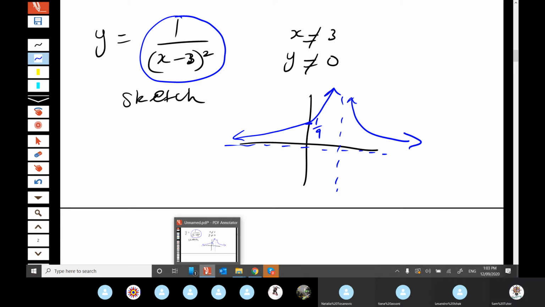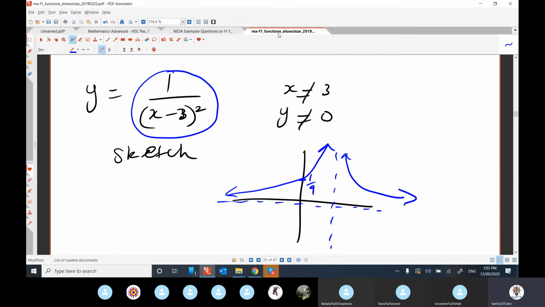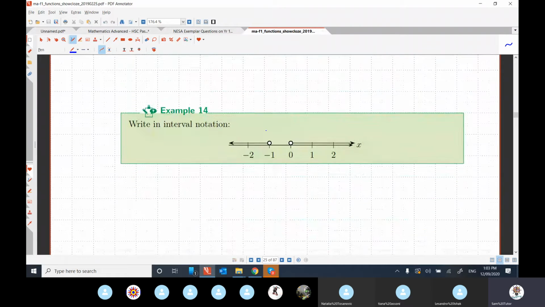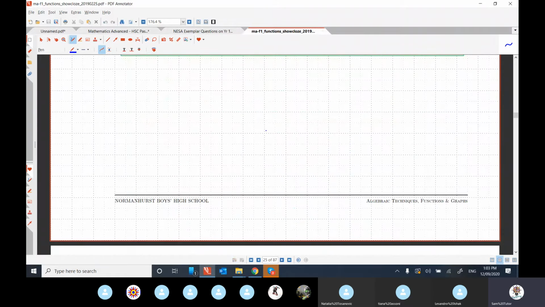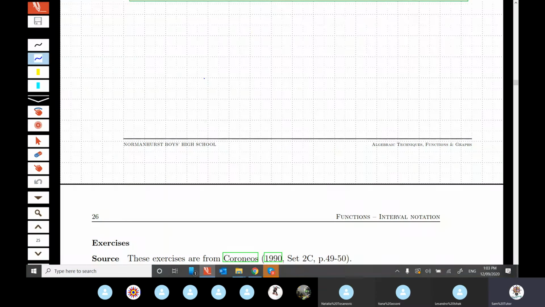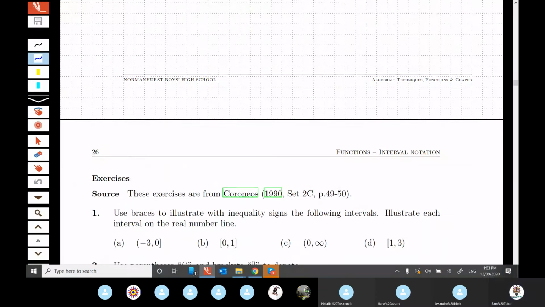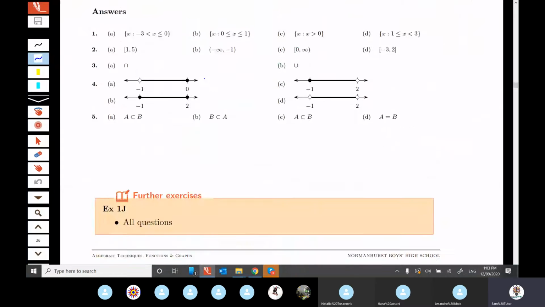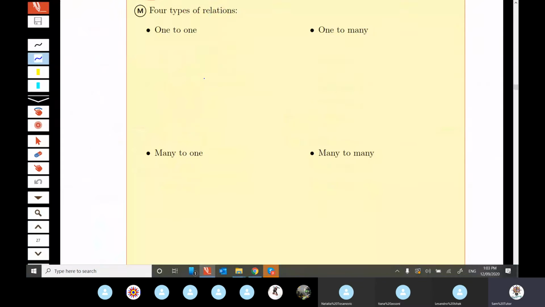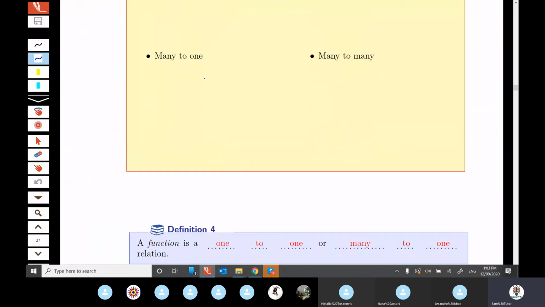Okay. Open this up. Oops. Let's go back to these functions. Okay, interval notation. I'm just going to scroll down. If you see something that you're like, yes, this is what I've completely forgotten, just stop me. I'm just going to scroll down. Interval notation. Domain and range.